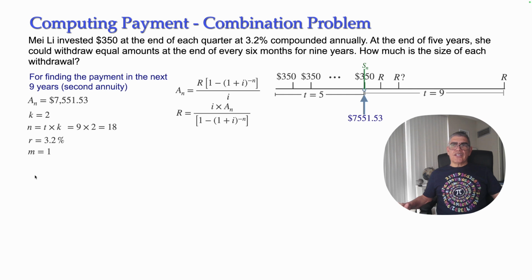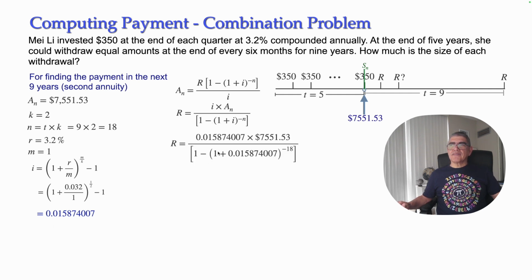So if we make a substitution in this formula, that is the formula for the periodic rate of interest compounded as many times as payments per year, this m will be 1, but this k will be 2 now. Make a substitution in your calculator. This 1/2 is just 0.5. This is just 0.032. So when you make the computation, this is the number. Put it here in the formula.